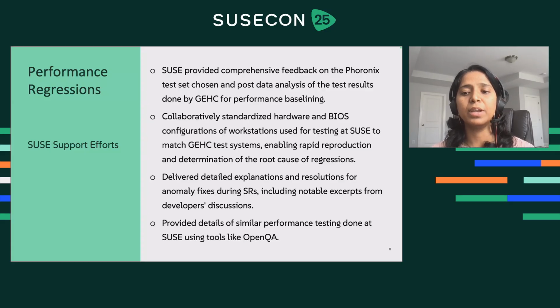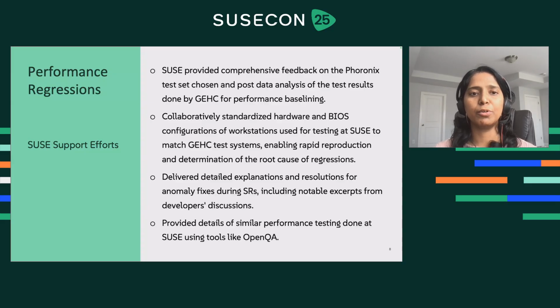This has enabled us to refactor and significantly enhance our ability to identify regressions early, understand the root cause of these regressions, and also fix the regression before the GEHC product team starts using these OS releases.